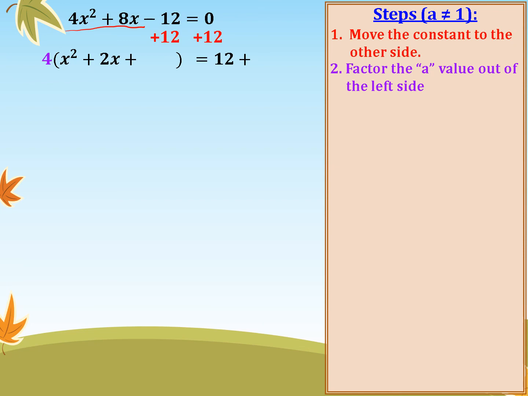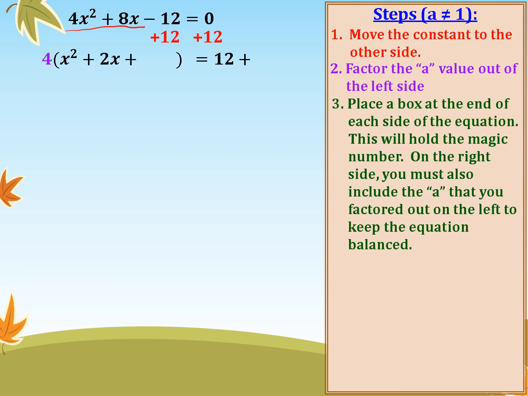Now we have to put our magic boxes in. I put my magic boxes in for the magic number, but you'll notice over here I didn't just put a box, I put 4 times the box. Because think about it, if I were to redistribute this 4, I'm not just adding a box, I'm adding 4 times the box.